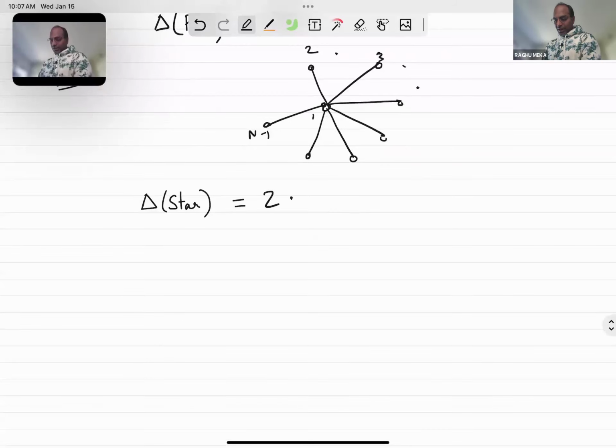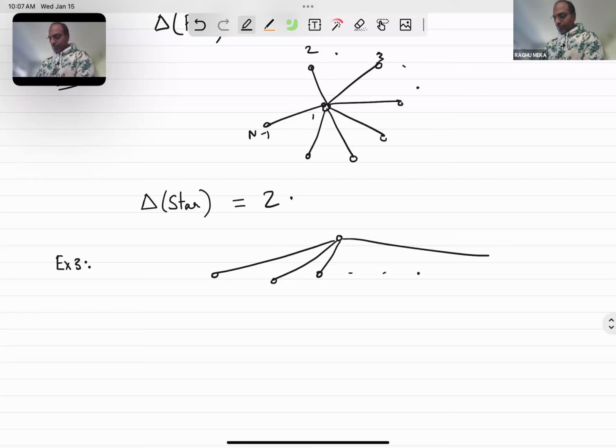Okay. And finally, let's do one more example. Let's say maybe I put some number of vertices here, and there are 4 vertices like this. I'm just taking a random example, so this will show up in a bit again.